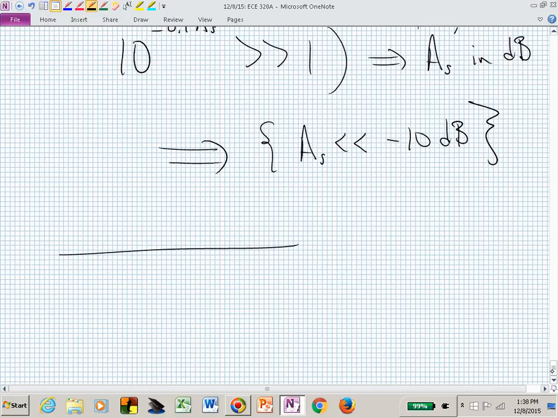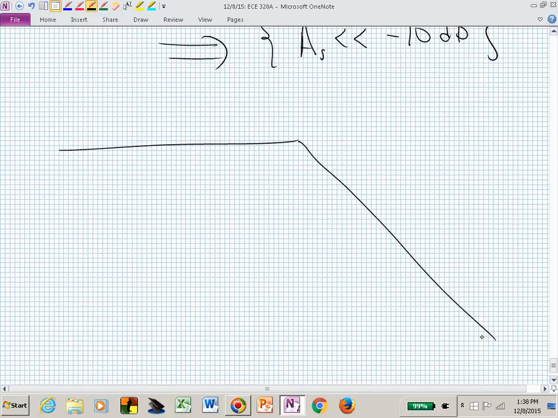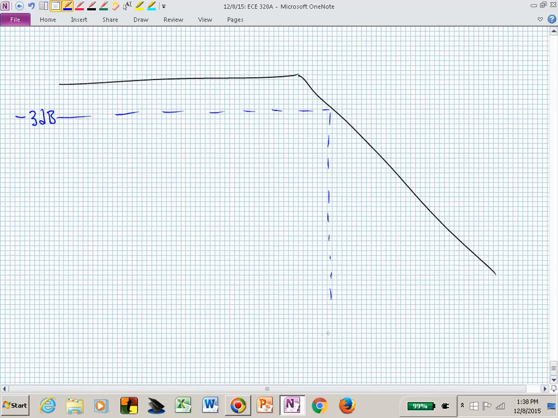Here is our pass band, and there's our stop band. Here's our minus 3 dB frequency, and that's occurring at omega sub P. There's the pass band frequency. That's the definition of omega sub P. And then we have this, A sub S, in dB, so that would maybe be minus 26, let's say.